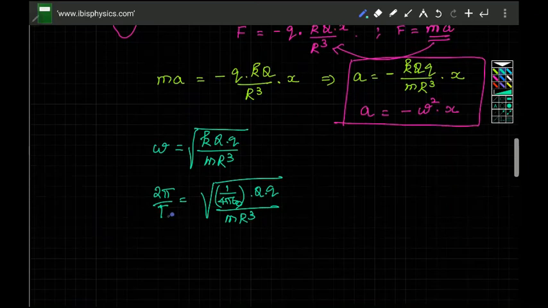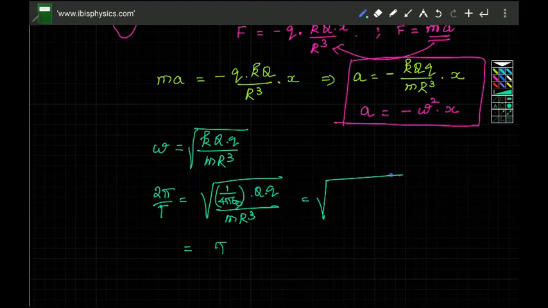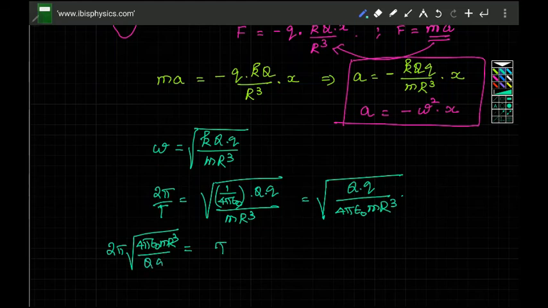This can further be written with T taken here, this whole thing brought over here, T equal to, and I'll take one more step here, q q by 4 pi epsilon naught m r cube. So the time period is equal to 2 pi into root over 4 pi epsilon naught m r cube by q q. This is the time period of oscillation of a point charge kept near a charged ring.